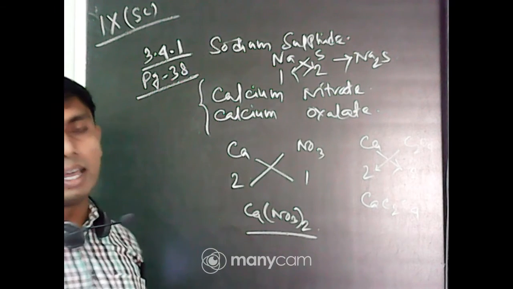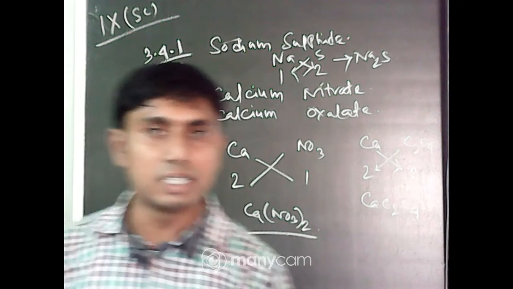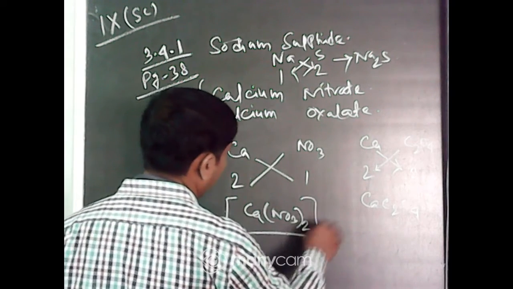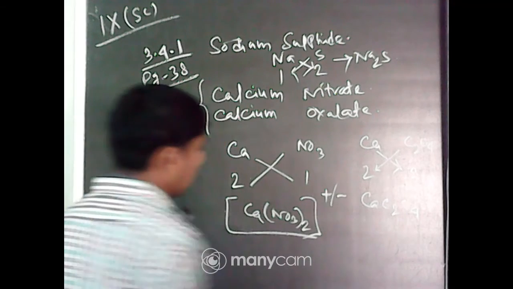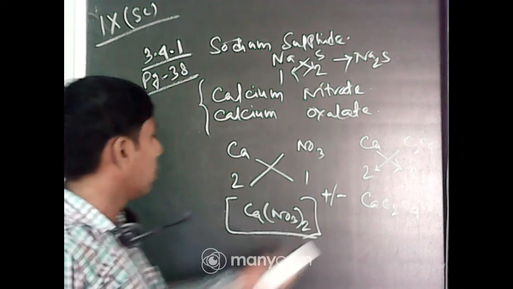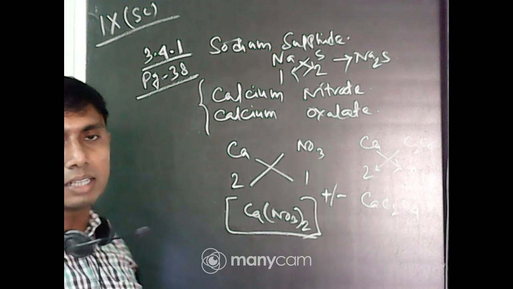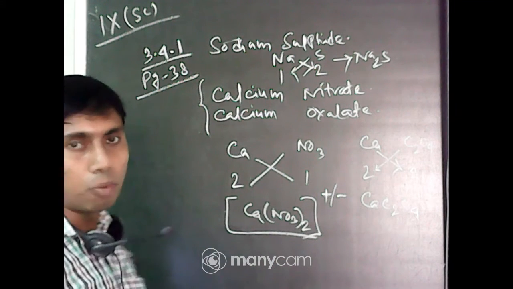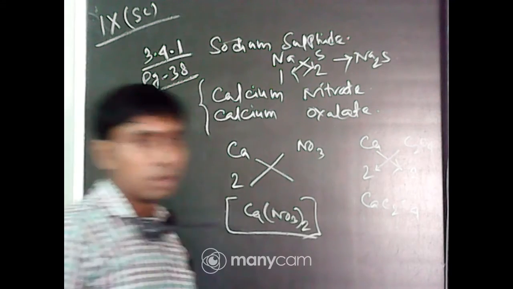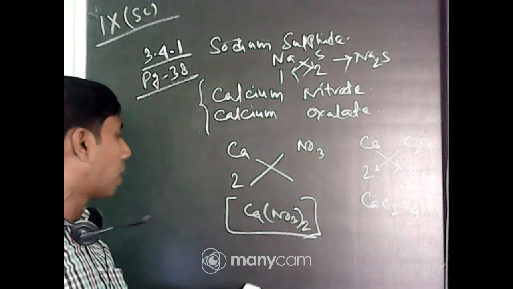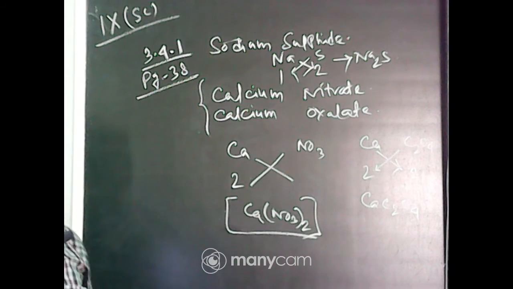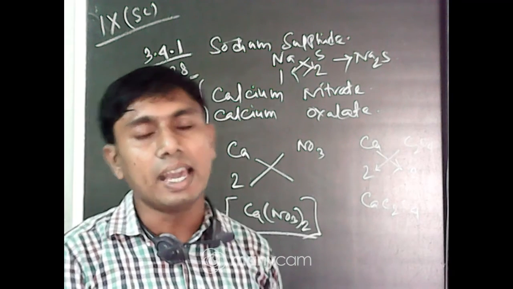If there is some remaining charge, then the formula comes with a plus or minus sign. If the formula is given in brackets and the plus or minus sign is given as a superscript, then you can say that if it is positively charged, the charge of the metallic or electropositive part is not neutralized, and if it is negatively charged, there is an excess of anions.